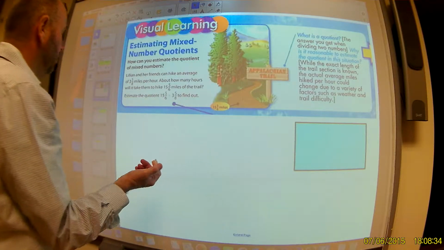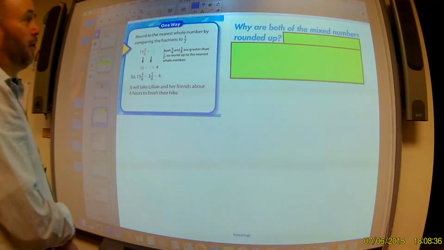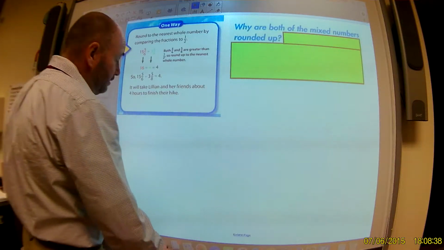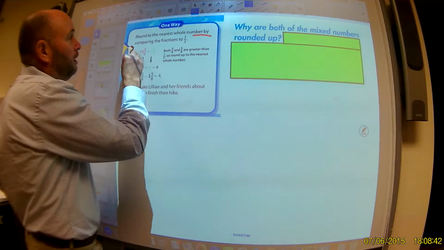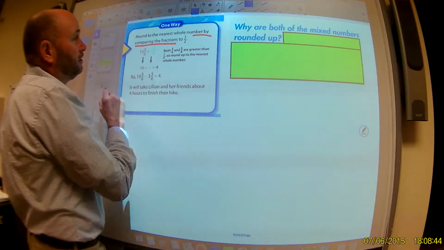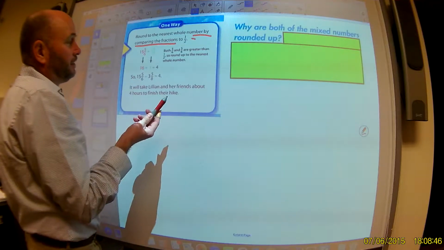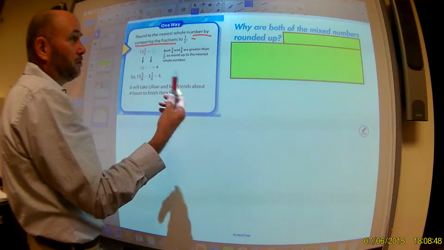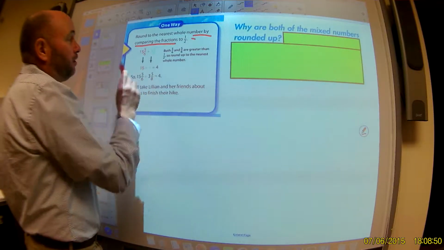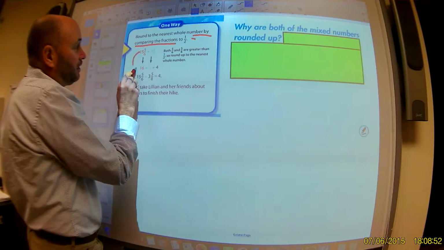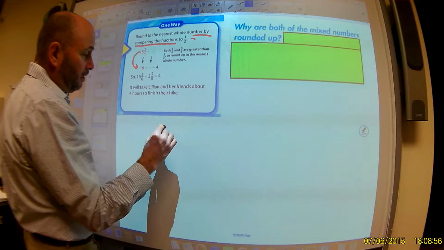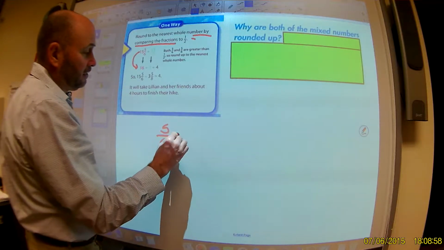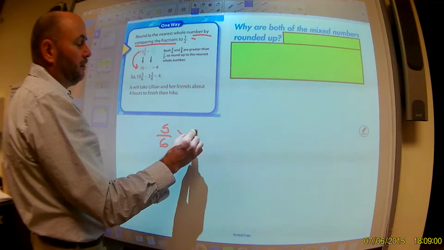Now, the book goes on to give you one way of doing it. It says to round to the nearest whole number by comparing the fractions to 1/2. So we're going to do some rounding based on the fractions. You can see that 15 5/6 will round up to 16, because 5/6 is greater than a half.